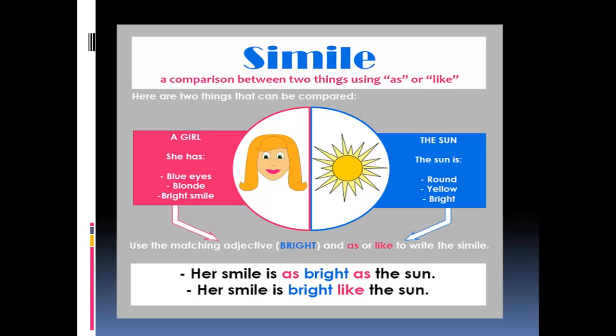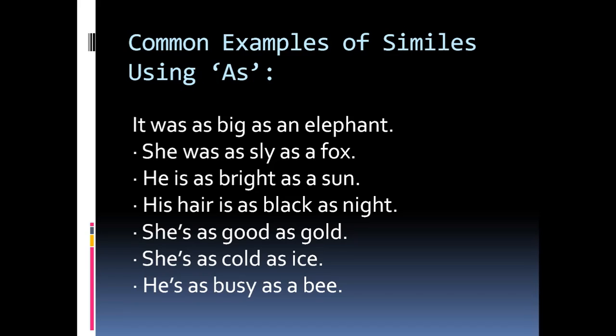Hope it is clear. I also want to give you some common examples of similes using as. So just have a look at the examples of the similes. It was as big as an elephant. She was as sly as a fox. A girl as cunning as a fox.